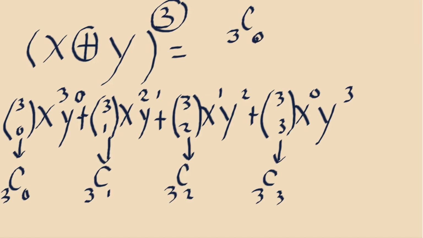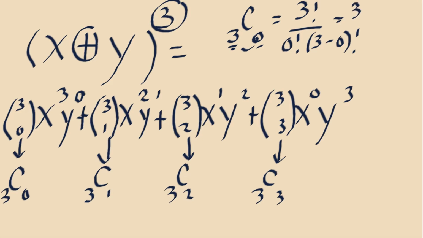The combination of 3 taken 0 is going to be equal to 3 factorial. That's the number over here. Divided by 0 factorial times the difference of 3 and 0, factorial. Now 3 factorial means you multiply 3 times 2 times 1.